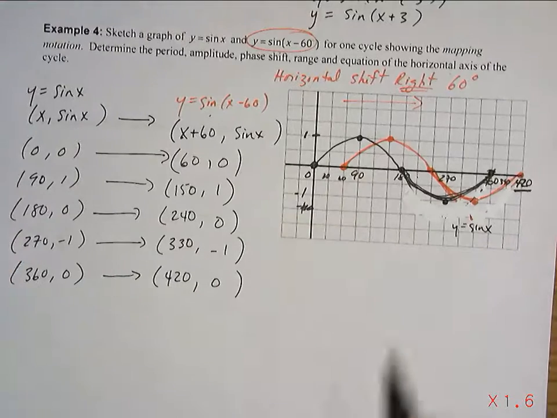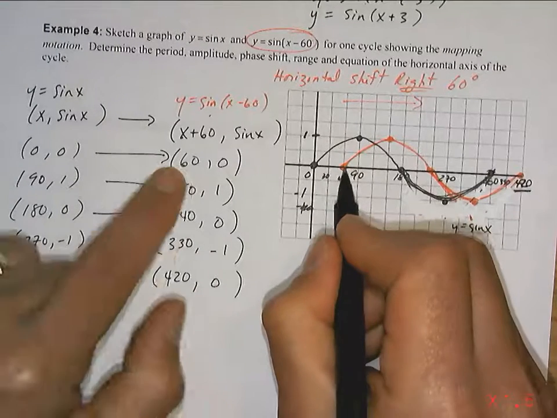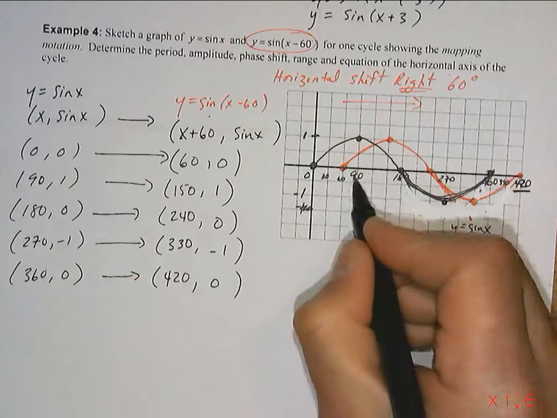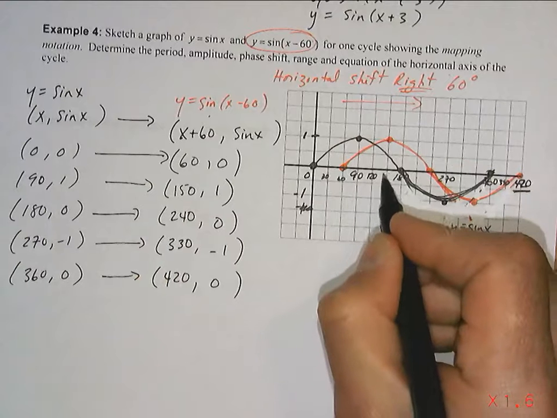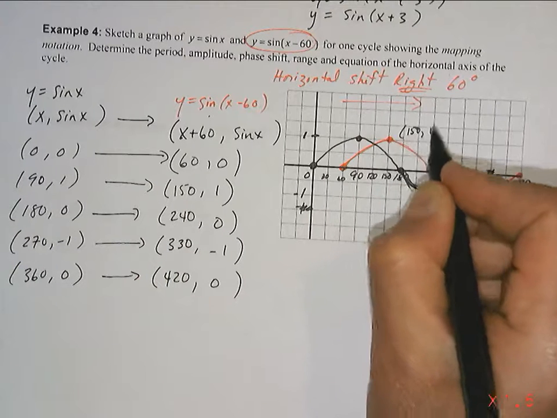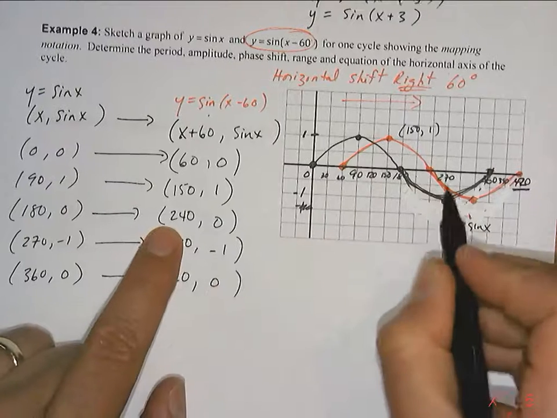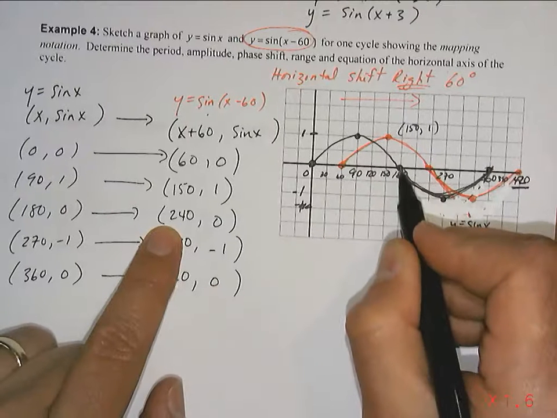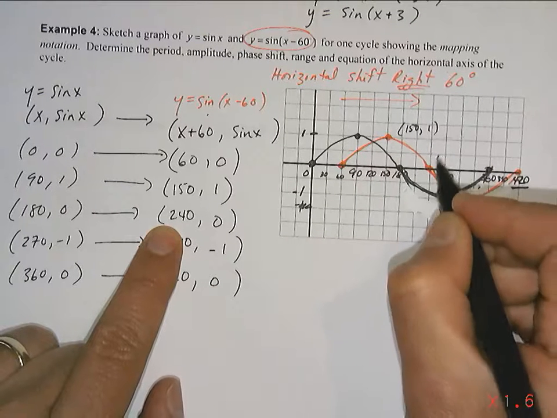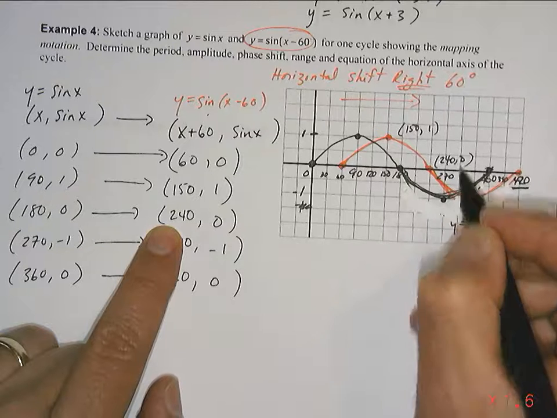Let's see if that matches up. This is 60, 0. This point is 90, 120, 150. It is. It's 150, 1. This point here, 180, 210, 240. This will be 240, 0.